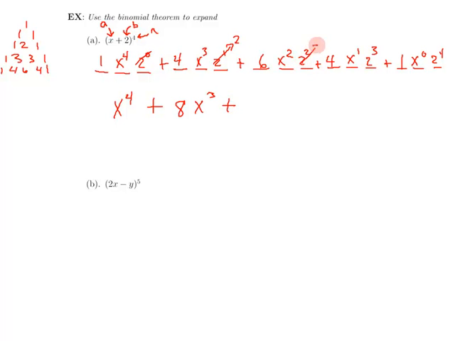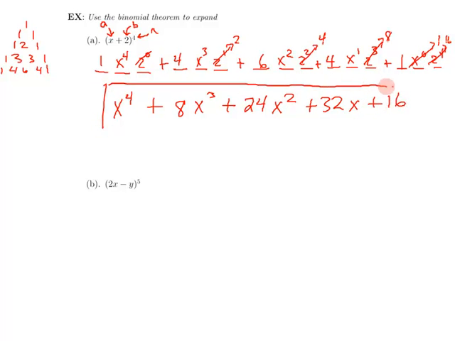Now 2 squared is 4. 6 times 4 is 24x squared. 2 cubed is 8. 4 times 8 is 32, 32x to the first. Now x to the 0 is 1. 2 to the fourth is 16. 1 times 16 is 16. This is the polynomial that you get when you expand x plus 2 raised to the fourth power.